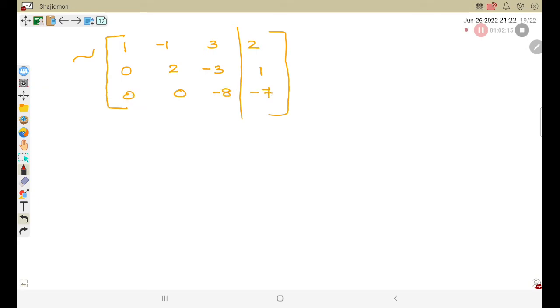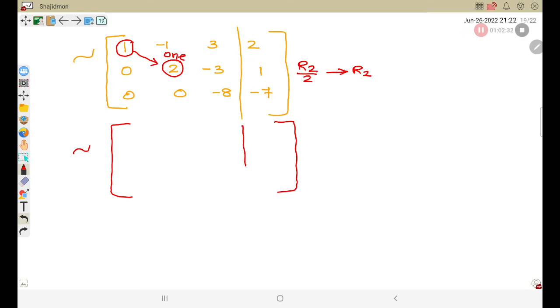I hope you understood. Now as I told you, this should be 1 here. For making 1, divide by the same number. So R2 divided by 2 gives new R2. So equivalent matrix, first row same, 1, minus 1, 3, 2.